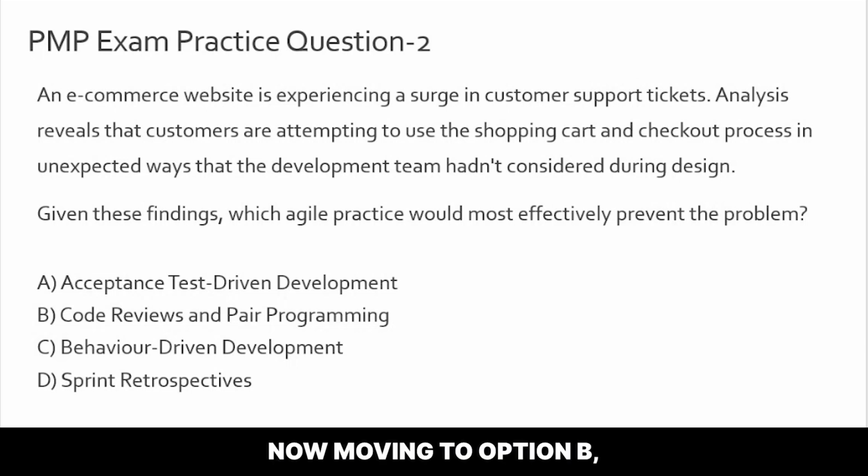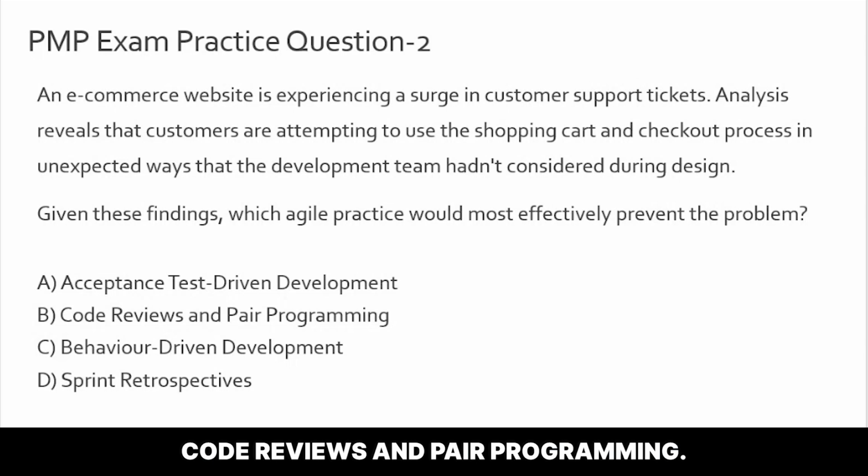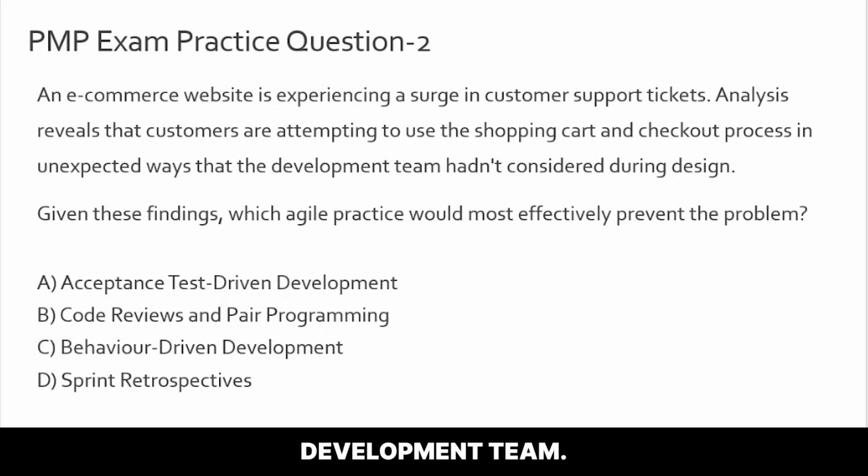Now moving to option B, code reviews and pair programming. Okay, now these are excellent practices for maintaining code quality and sharing knowledge within the development team, but they are more focused on implementation details and technical excellence, right? While they might help identify logical flaws or technical issues, they really don't specifically address understanding user behavior patterns.